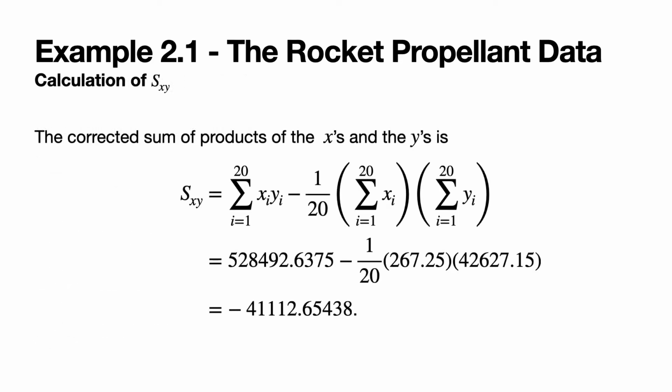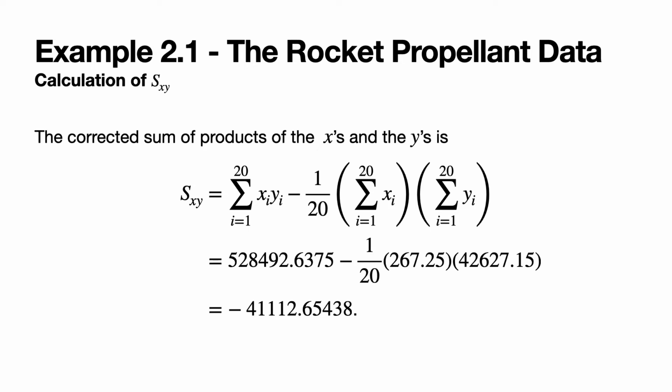All right, so let's calculate first S sub xy, the corrected sum of products of the x's and the y's. And so plugging the needed summary statistics into this formula, we see that the corrected sum of products of the x's and the y's is equal to negative 41,112.65438.